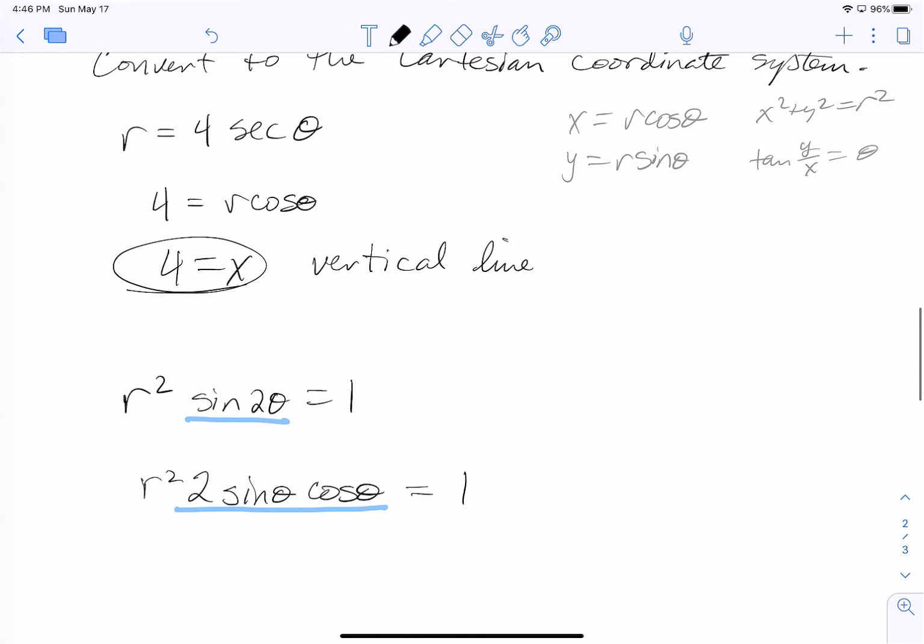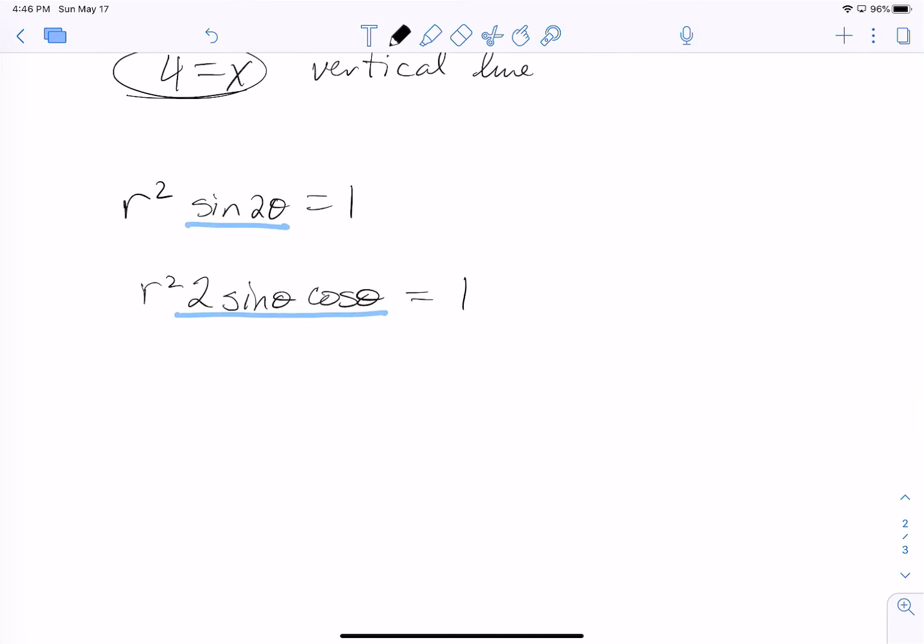And then again, we have something that involves an r cosine theta and an r sine theta. And so I'm going to divide by 2 and express this as r times the sine of theta times r times the cosine of theta is equal to 1/2. So we get that xy is equal to 1/2.